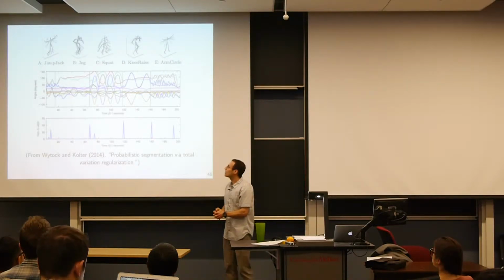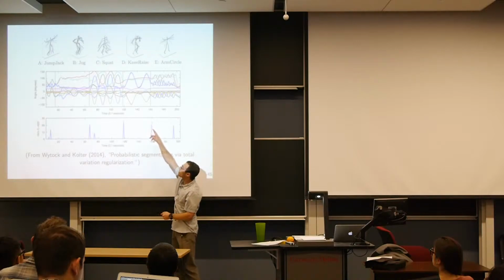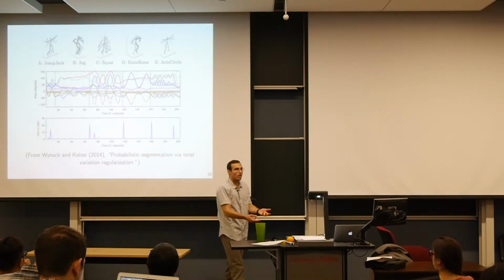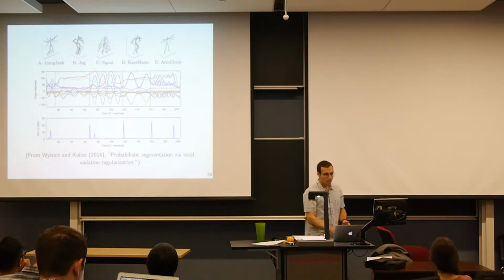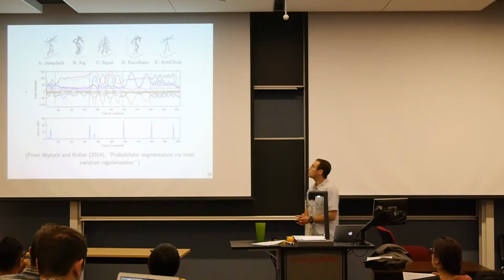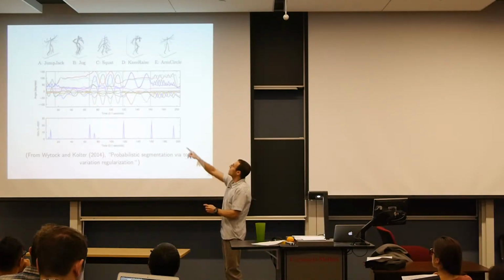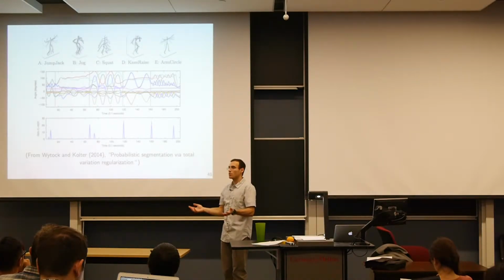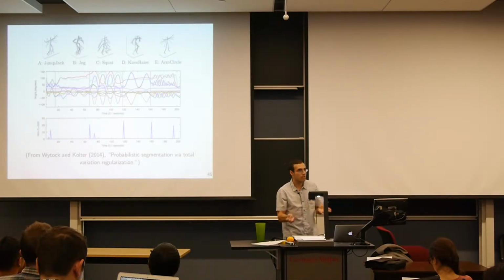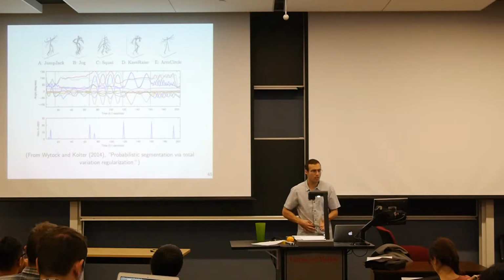So for example, what's being shown here is the data, and there's some linear model for jumping jacks in this phase, and those coefficients are being estimated. They're not being shown. But then as soon as the individual starts jogging, all the coefficients are allowed to change, because the dynamical model for jogging is just a different model from the one for jumping jacks.